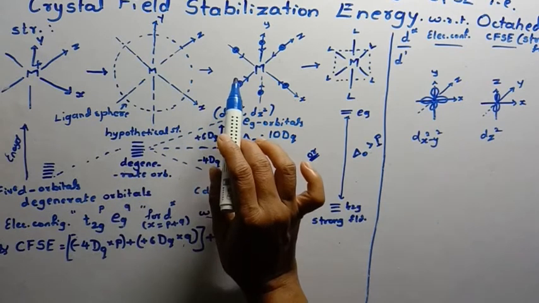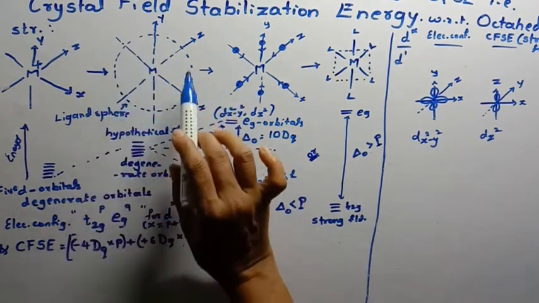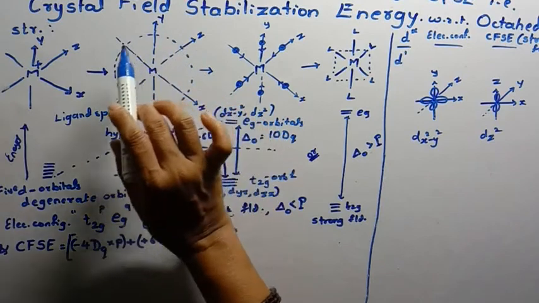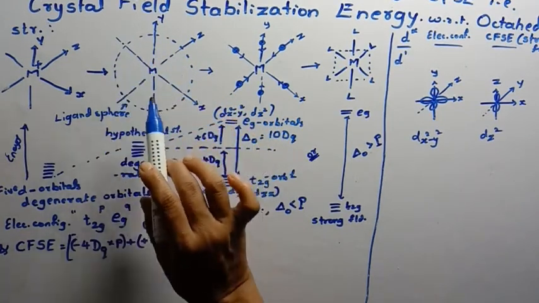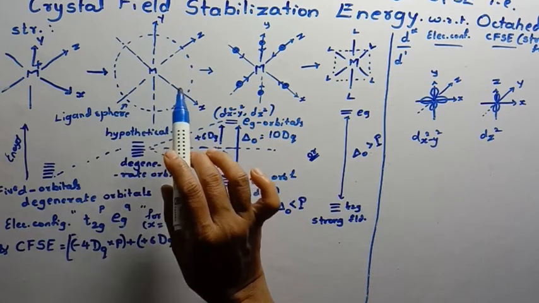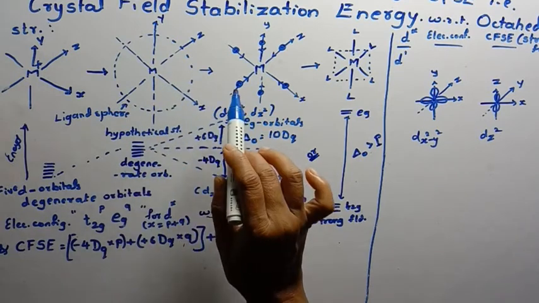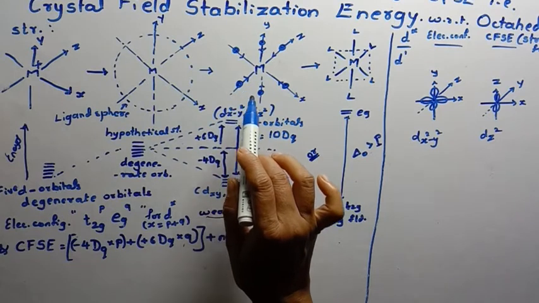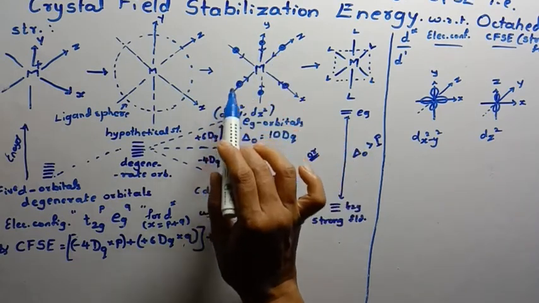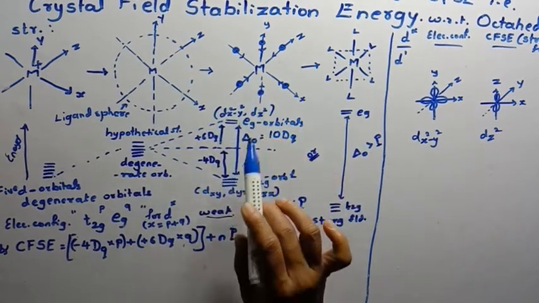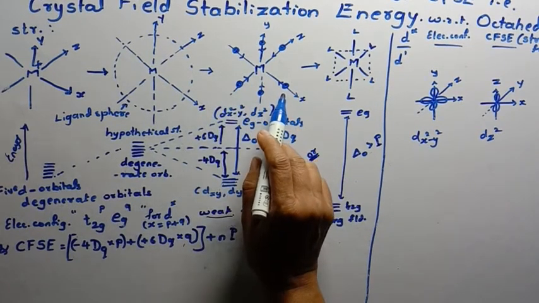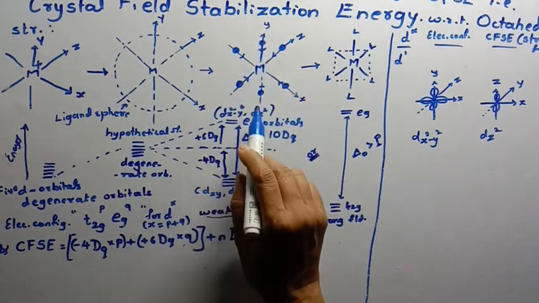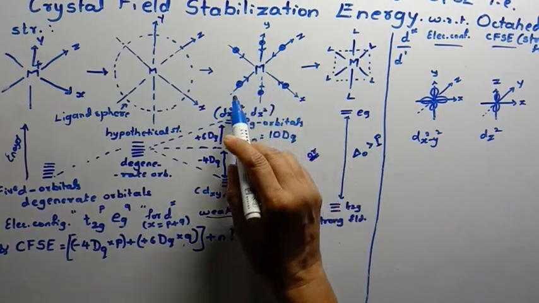Now further, the ligand field which spherically surrounded the metal ion is no more spherical. Now it is disrupted, or say distributed itself, at particular positions around the metal ion as shown in this figure. So two of them are concentrated along the x-axis, other two along the y-axis, and the other two along the z-axis.